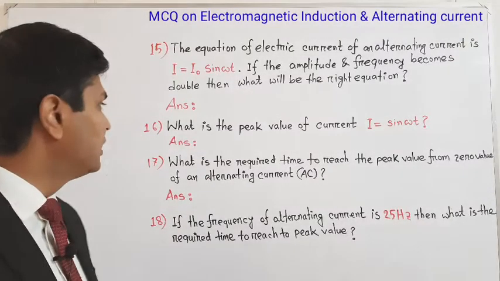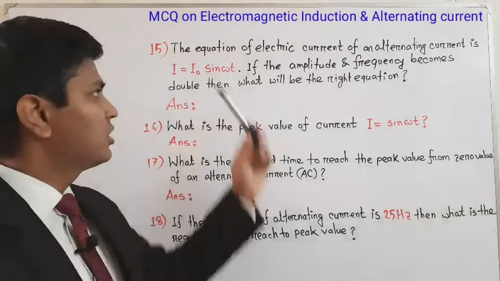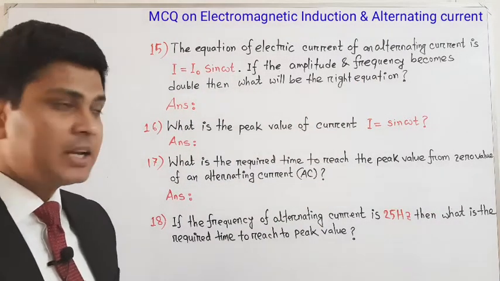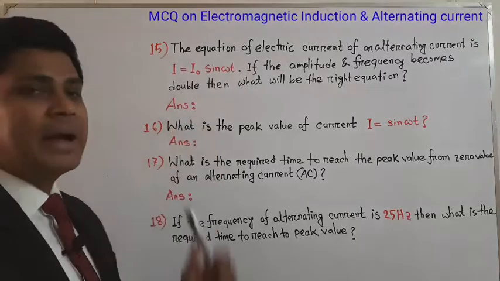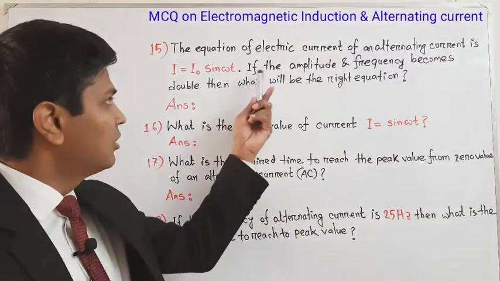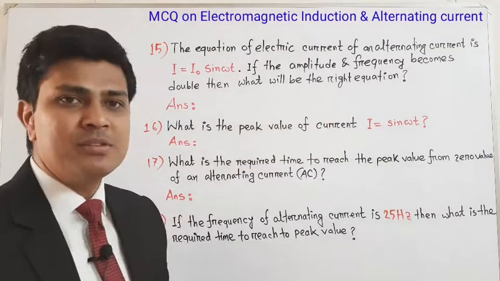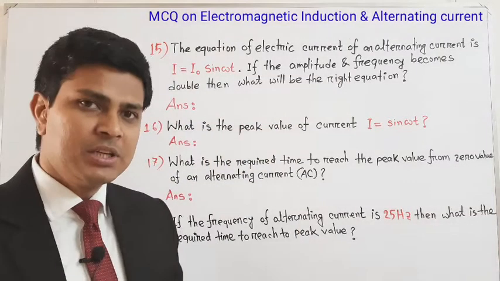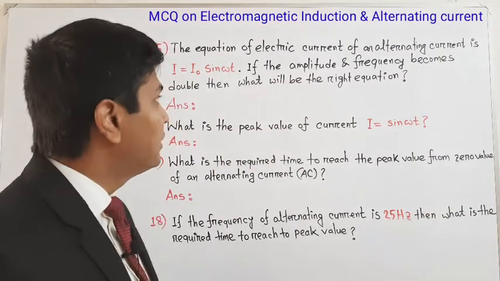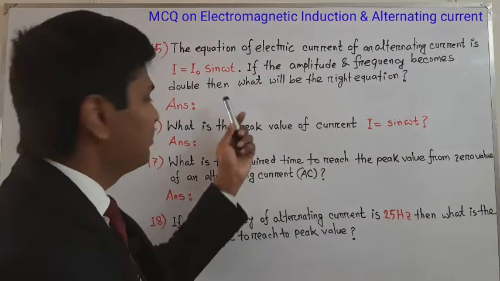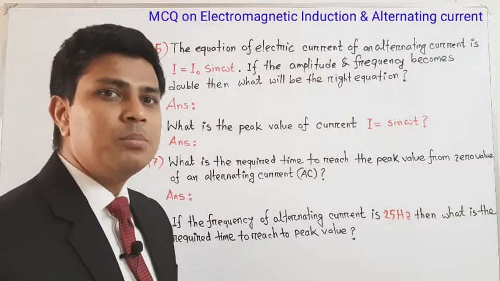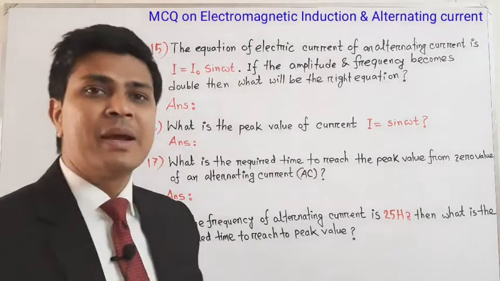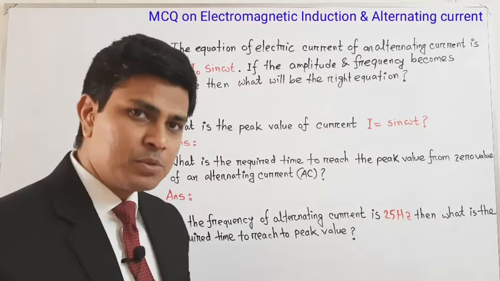Question number 15. The question is, the equation of electric current of an alternating current is I equals I naught sine omega t. If the amplitude and the frequency become double, then what will be the right equation? Here amplitude and frequency become double, so what will be its new equation? Amplitude means the maximum displacement from the position of equilibrium.